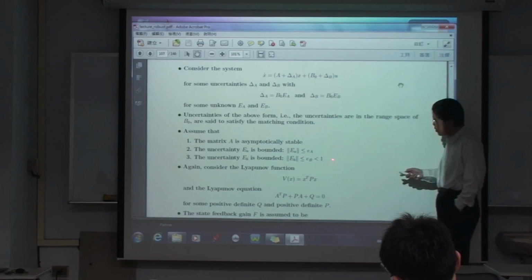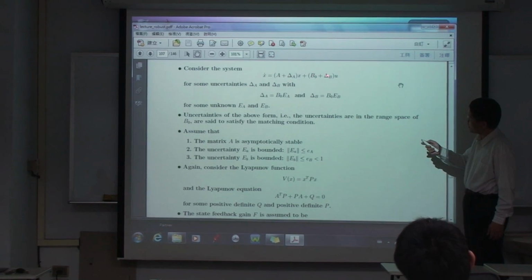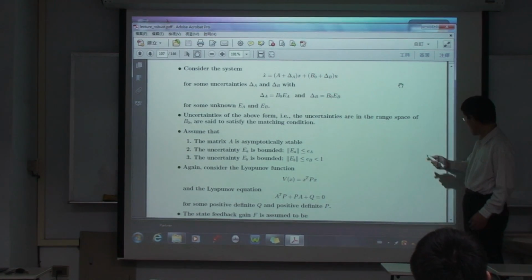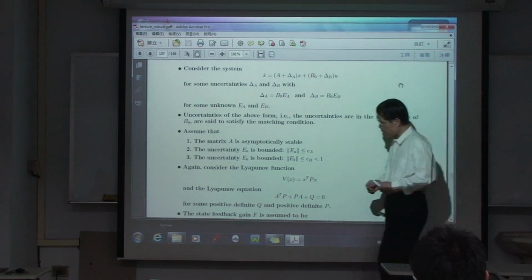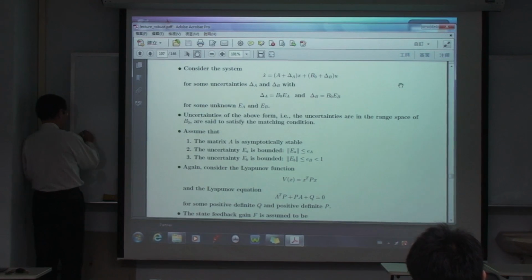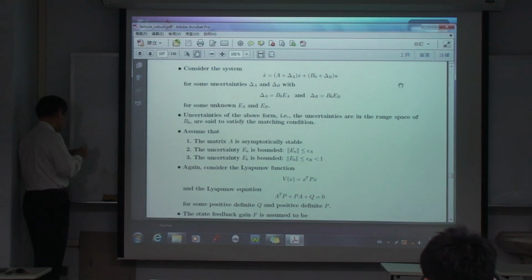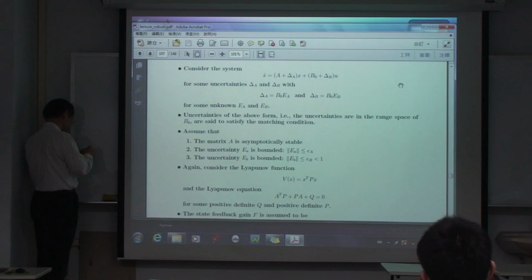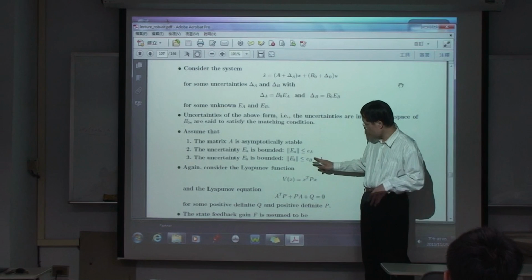This assumption is needed because if you remember, we are having B0 plus delta B, and delta B equals B0 E. So in this case, here we have B0 times identity plus EB. So in our control input channel, we have B0 and then this I plus whatever EB. And why am I interested in bounding this one?